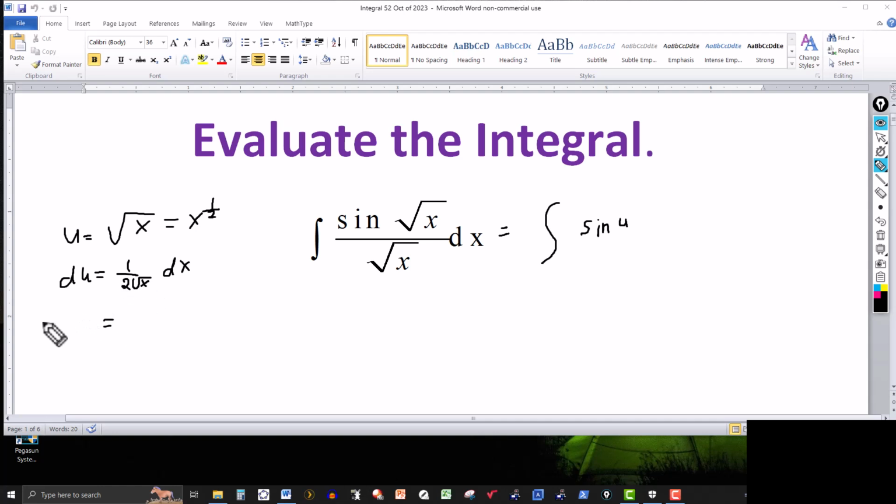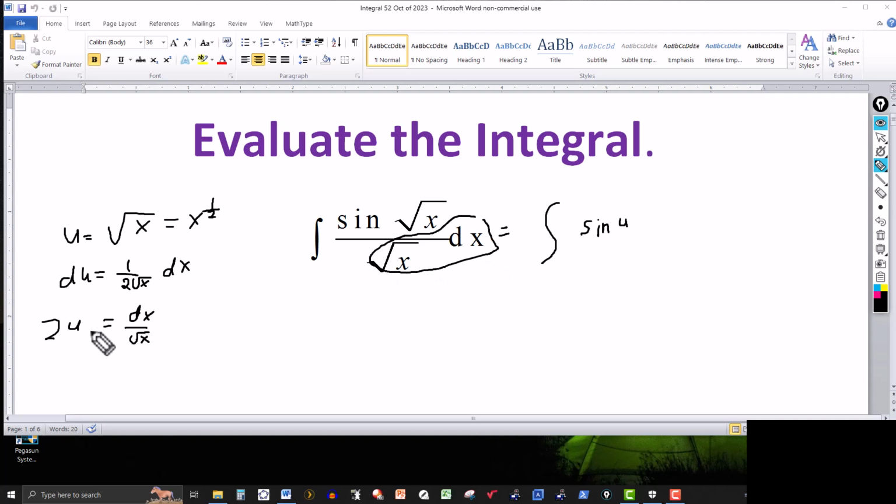Multiply through by 2 here. So I get 2 du, multiplying by 2. And then on the right side, that'll leave me with dx over the square root of x. So notice here I got a dx over the square root of x.